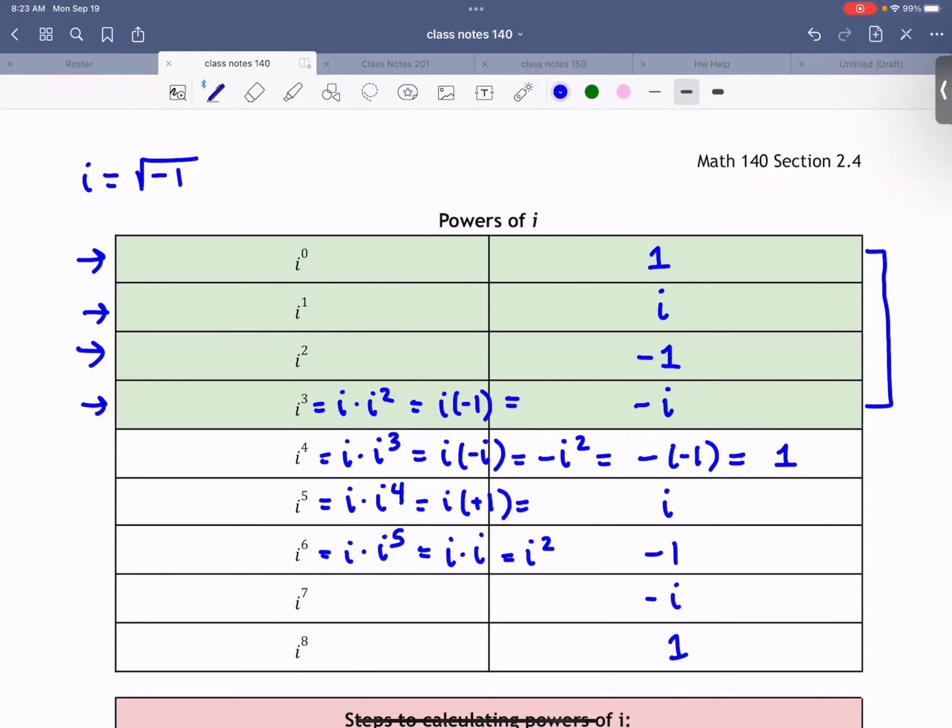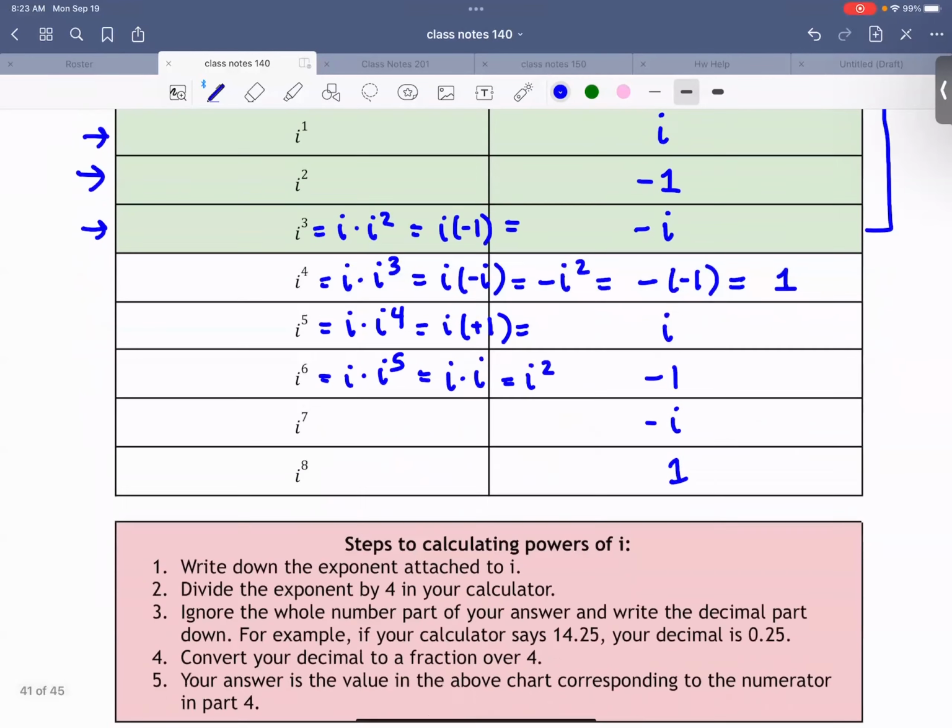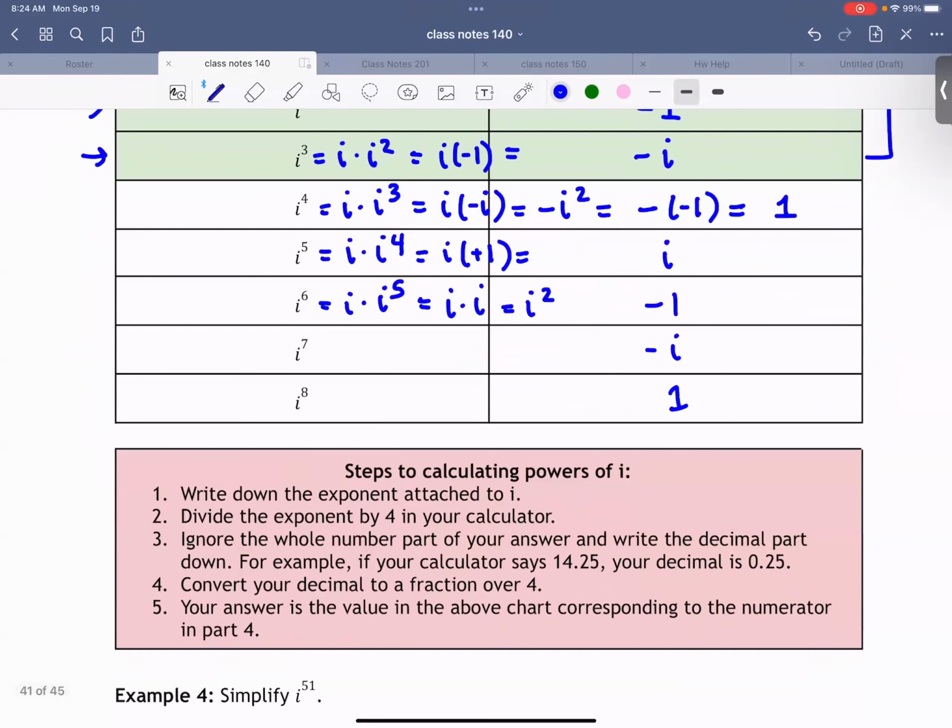So instead of telling you about modular arithmetic, I'm going to give you a couple steps on how to calculate powers of I. Keep it in the back of your head that this is modular arithmetic, so when you go into another higher level math class, maybe this will jog your memory on how to do those problems.